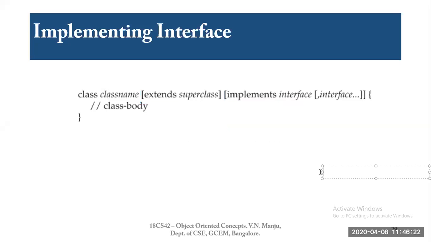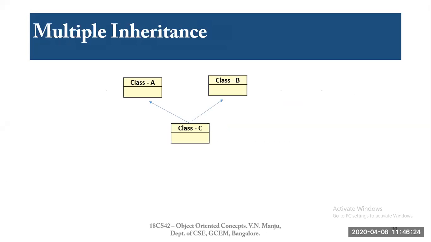So now we'll see the next slide. Why did we go for interfaces? See, Java does not support multiple inheritance. What is multiple inheritance? Class A and class B are there, and class C inherits the qualities of class A and class B. In this case, how do I write it?